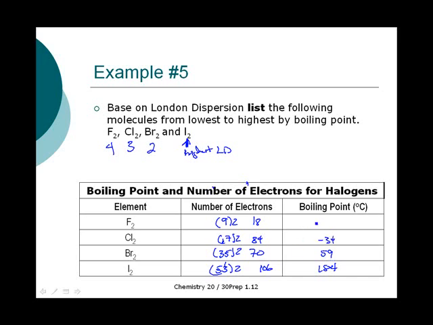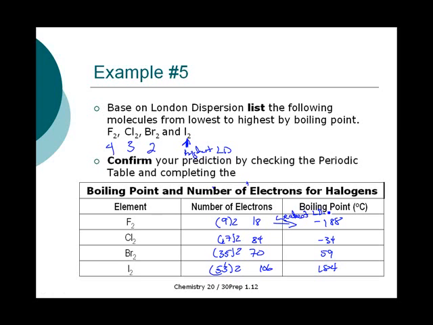And for fluorine, it's minus 188, which means fluorine has the weakest London dispersion of the group. Its molecules aren't that attracted to each other because it doesn't have that many electrons to begin with. They don't get unevenly distributed very often, so each fluorine molecule remains relatively unattracted to other nonpolar molecules.